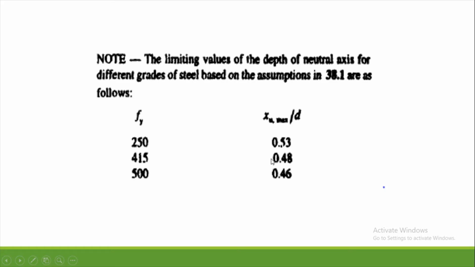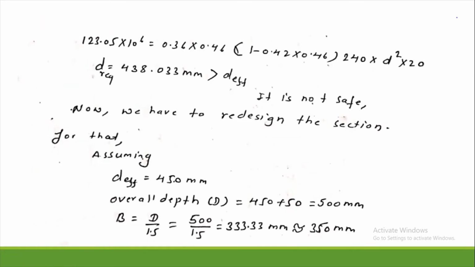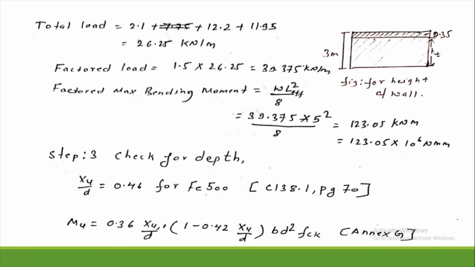Okay, and here I'm going to show you one thing. We are taking XU by D as 0.46, right? This is the value of XU limit by D. Why am I taking 0.46?